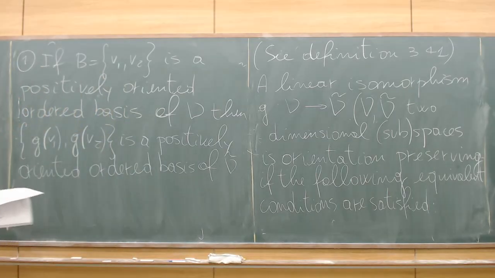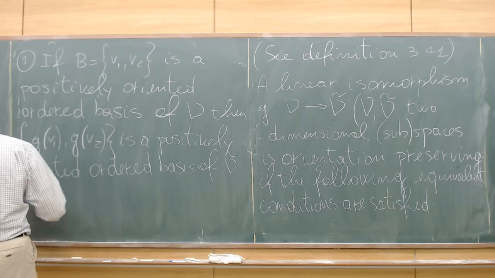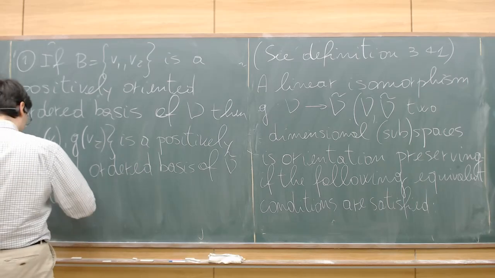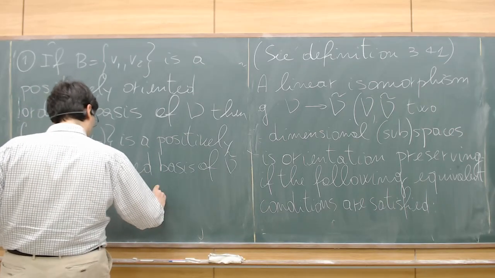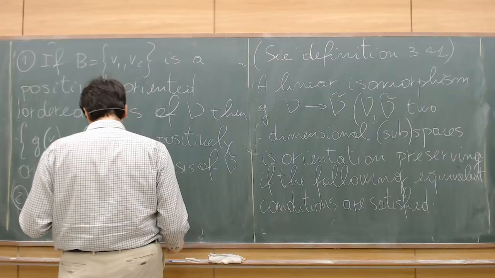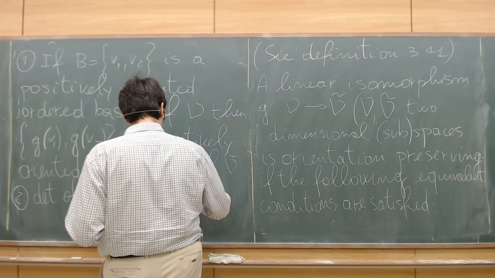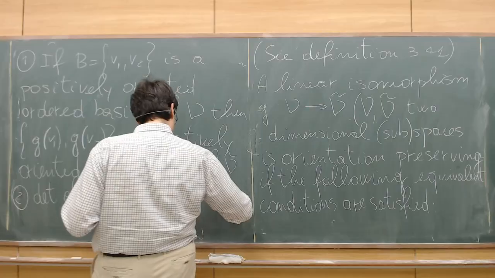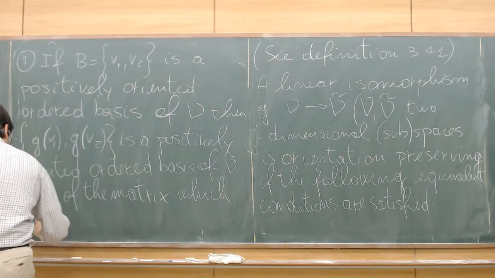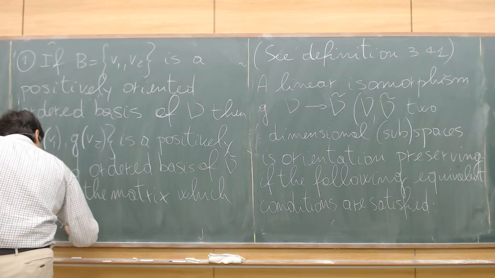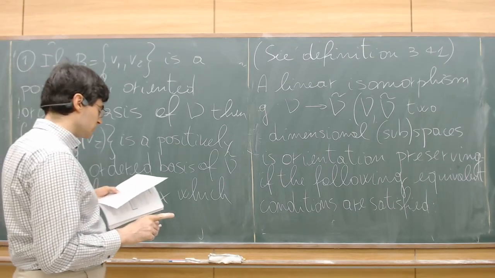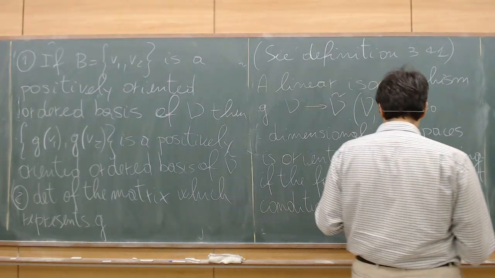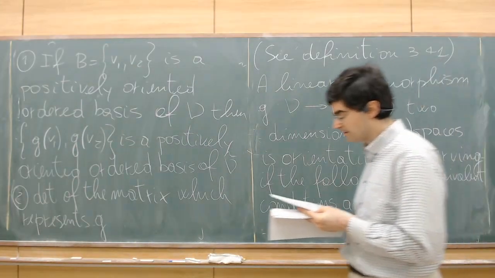And the condition number 2 is that the determinant of the matrix which represents G with respect to the positively oriented bases of nu and nu tilde is positive.